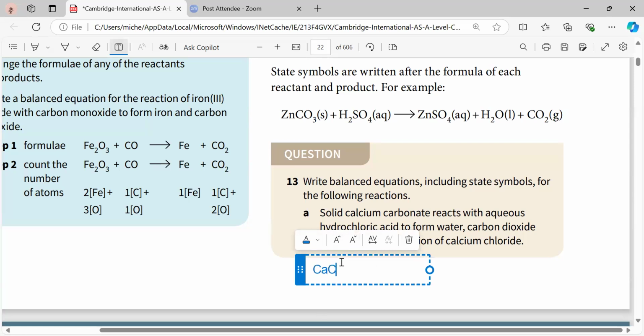We'll see this one by one. It reacts with aqueous hydrochloric acid. We know that hydrochloric acid is aqueous since it counts as a solution and not just any kind of liquid.